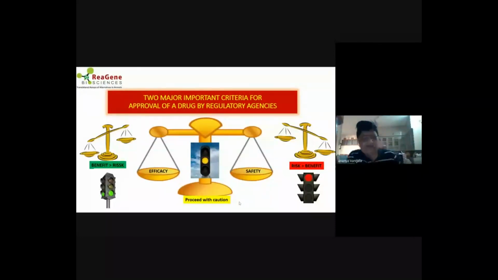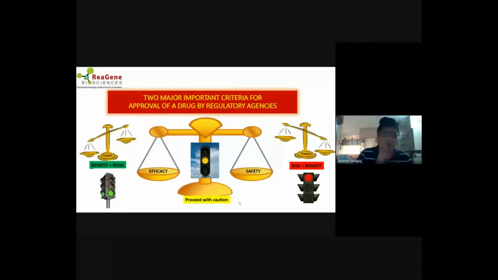We have several drugs, but for neurodegenerative diseases, we do not have much success in bringing drugs into the market. Typically in a pharma company, the way we proceed for drug discovery is that any drug that is approved for human use must be safe and it should have good efficacy in treating the disease.